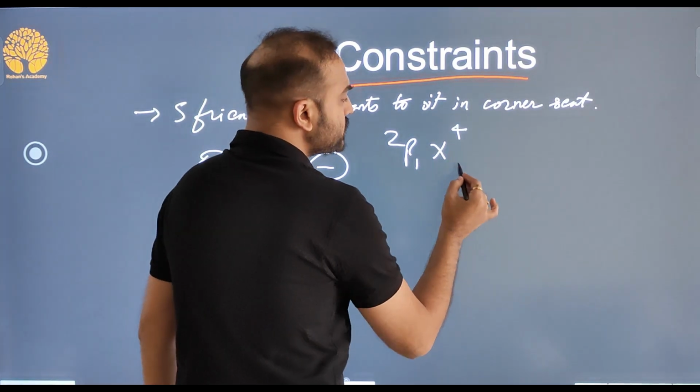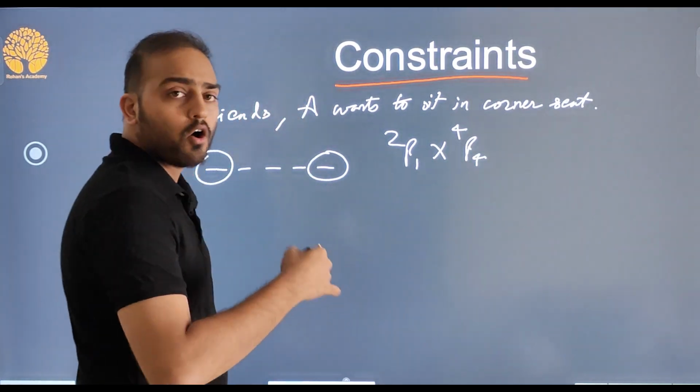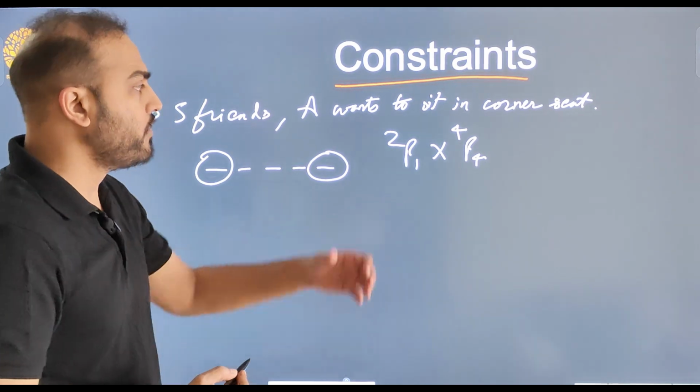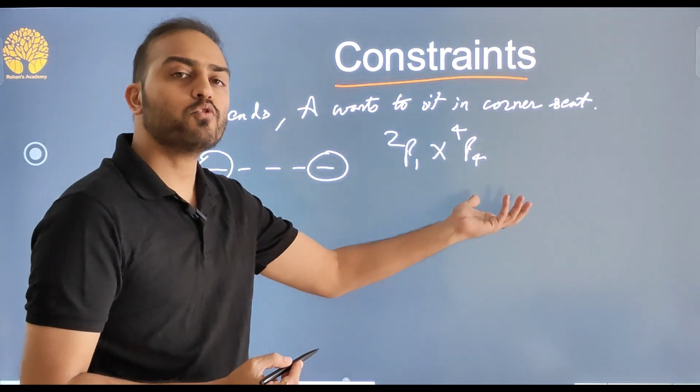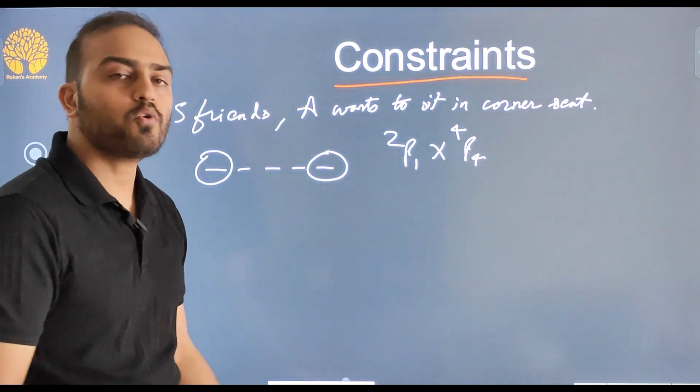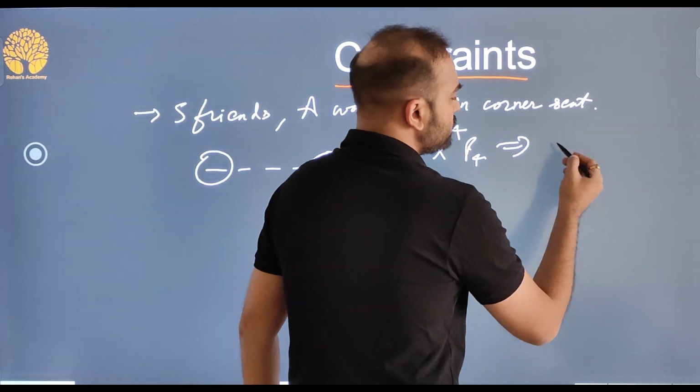So I have 4 options and I want to seat all 4 of them. That simply becomes 4P4, and now you just solve it.